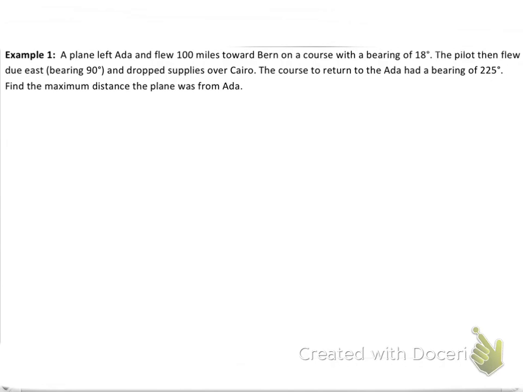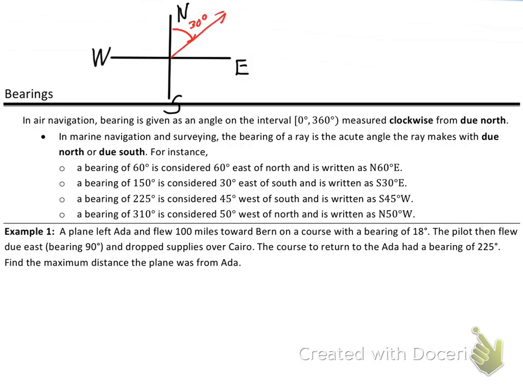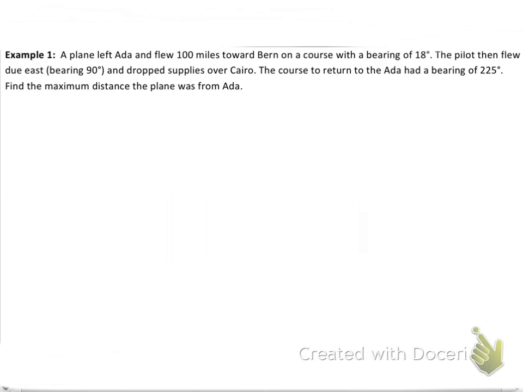So a plane left Ada and flew 100 miles towards Bern on a course with a bearing of 18 degrees. So if we look at that compass I drew, what they're saying is their bearing is 18 degrees. So that right there would be 18 degrees. What I'm going to do is translate that down here.